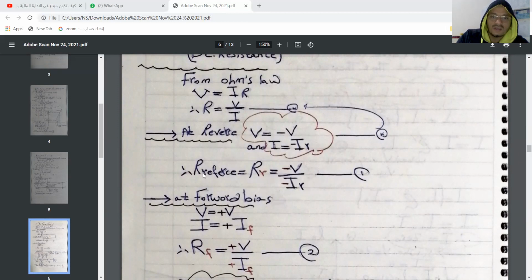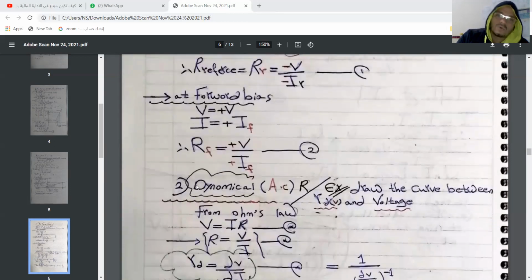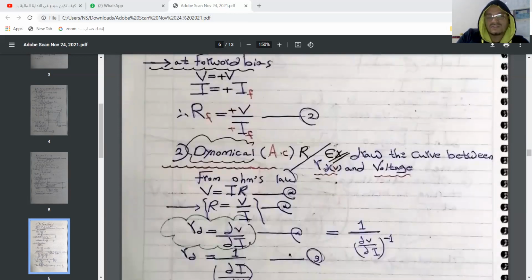At forward bias, V equals a positive amount. That means I equals positive IF, the forward current. The forward resistance equals V divided by the forward current. Kind number two is dynamic resistance or AC resistance.